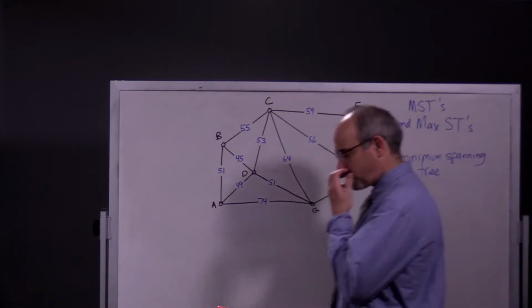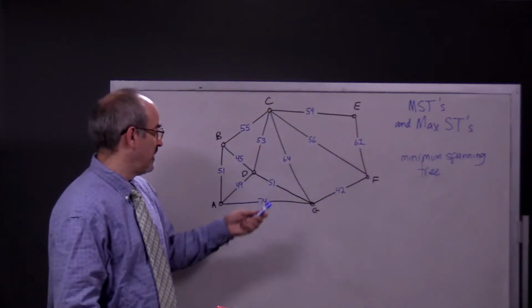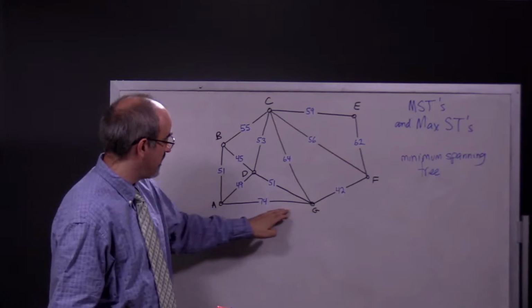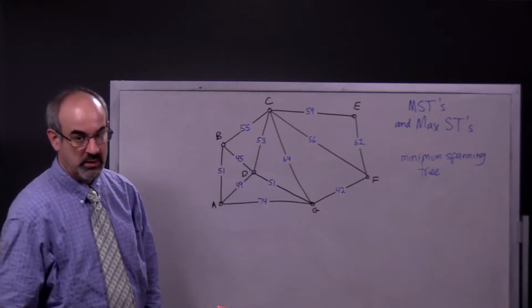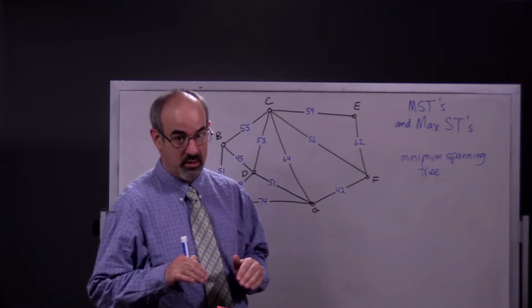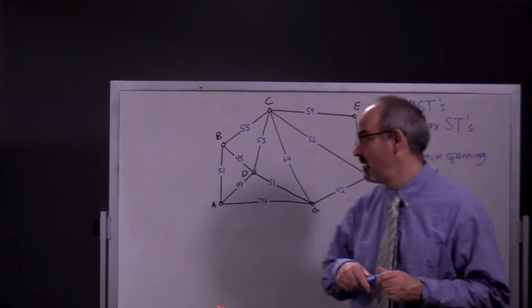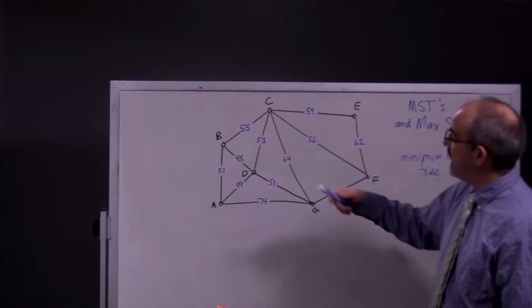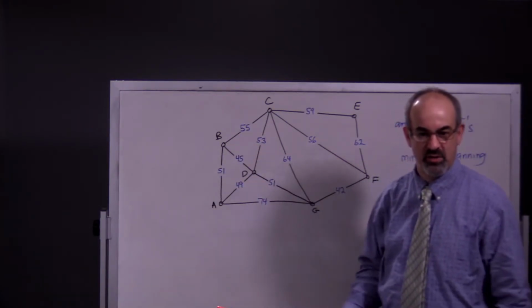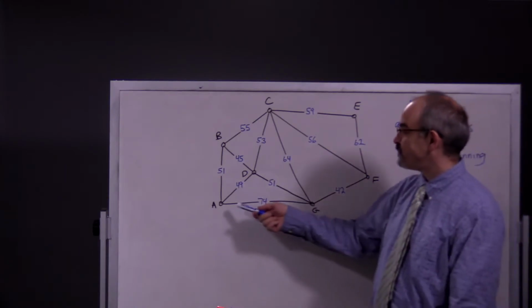So you don't need all of these cables. Like I said, these are roads. You want to lay cable that connects all of the cities, but you don't need any redundancy. Let's say they're power cables.